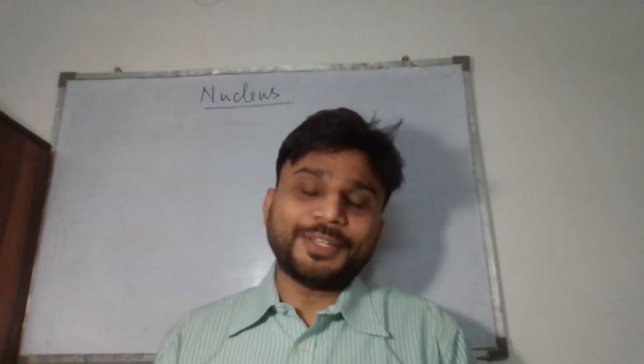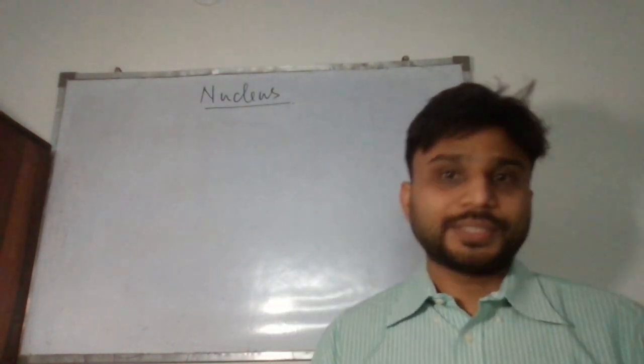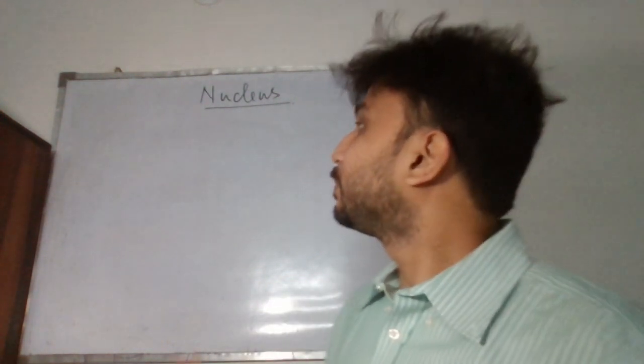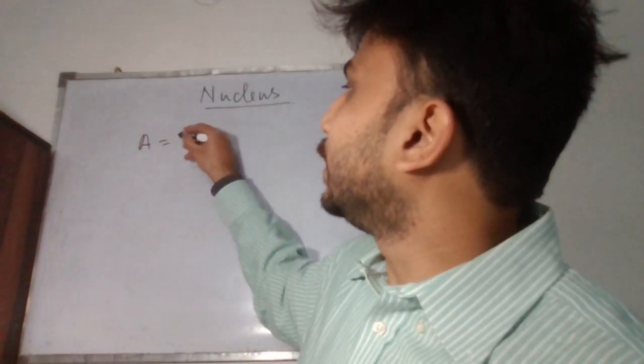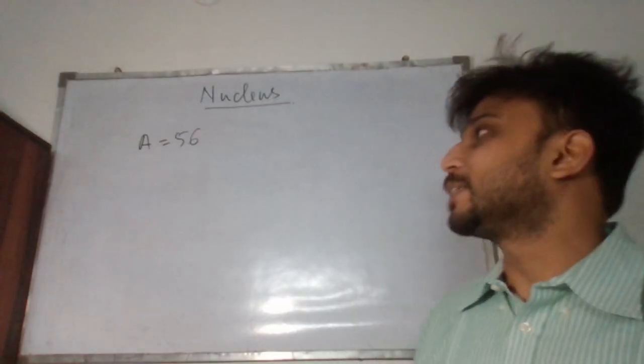It's pretty fascinating how atoms are of different types on the basis of their nucleus. So the most common form of iron atoms in the universe is the one with atomic mass 56.